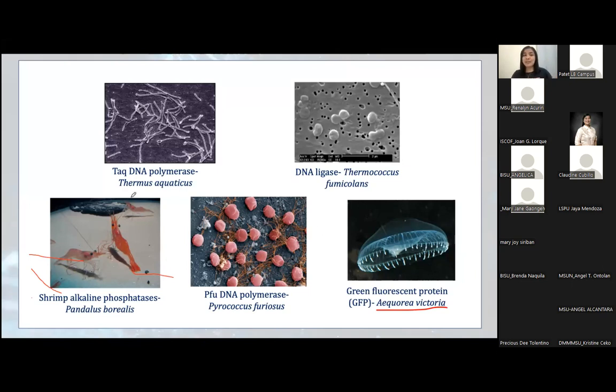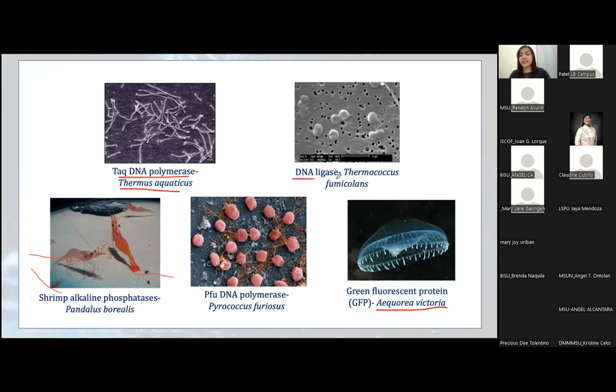Now, si Thermus aquaticus, yung sumagot ng letter A, dito kinukuha si Taq polymerase, si Taq DNA polymerase, which is used in PCR. So this is not a bacteria, si Thermus aquaticus. This is an archaean, if you remember your biology.